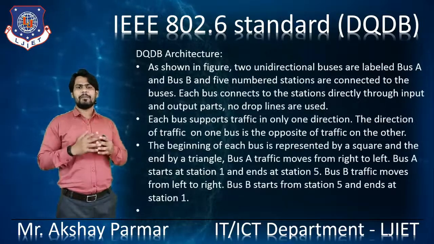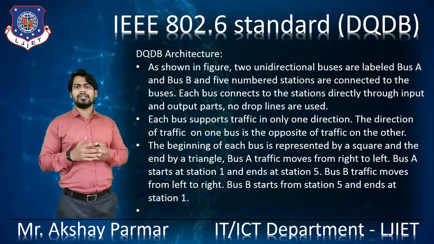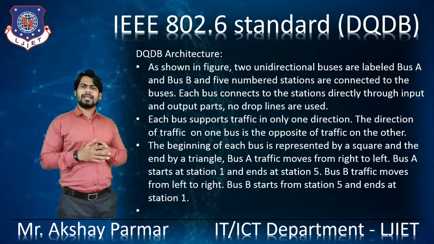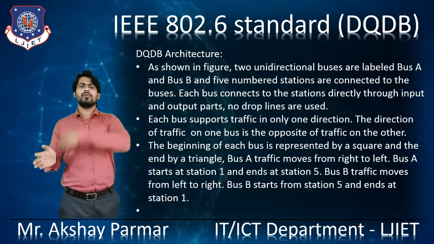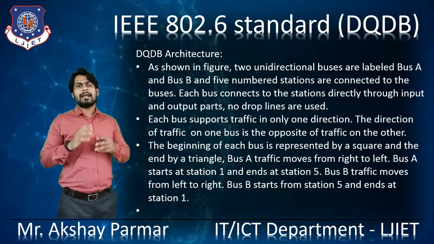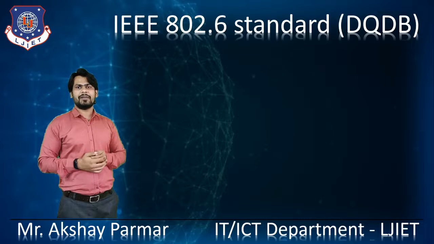Bus A traffic moves from left to right, and bus A starts from station 1 and ends at station 5. Bus B traffic moves from right to left, and bus B starts from station 5 and ends at station 1, as we have seen in the figure.